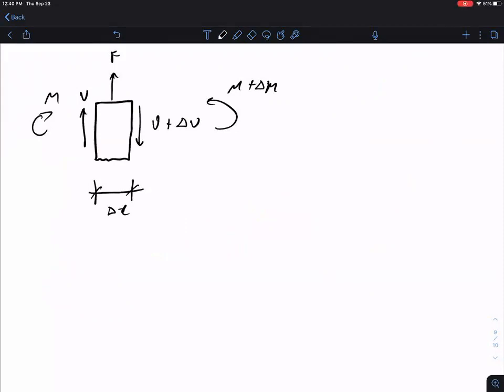Then we'll do the same for the concentrated moment case. We'll apply the concentrated moment at the center, and define our point O as we did before, at the center right part of the segment.